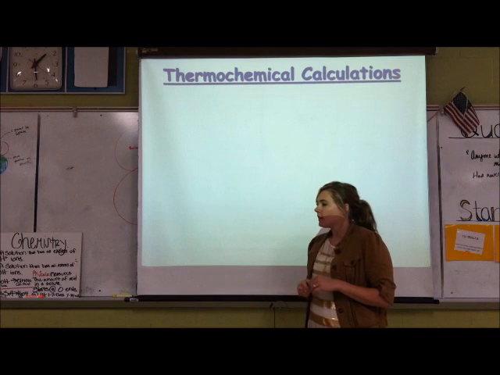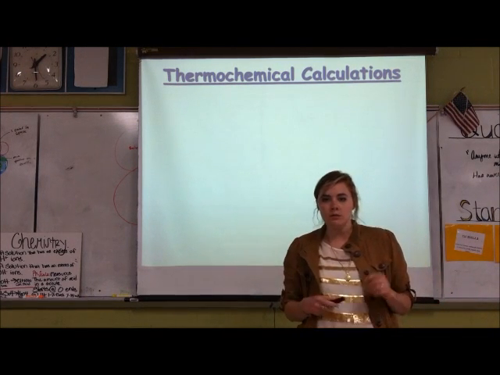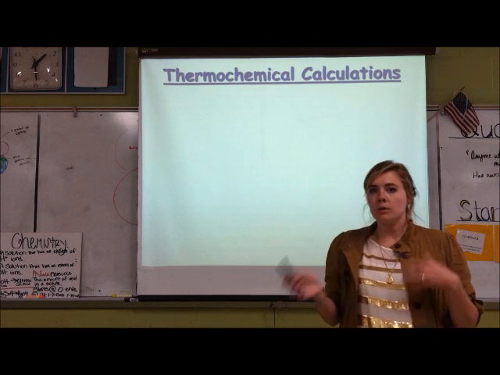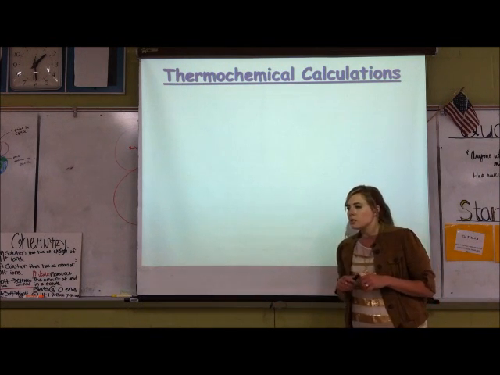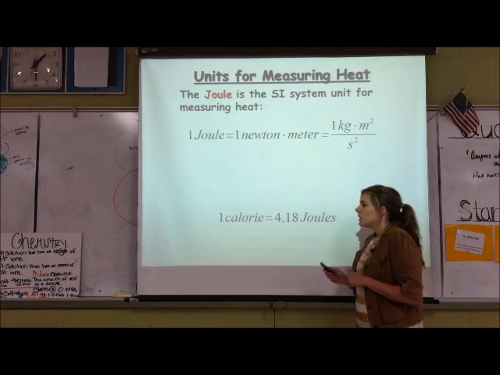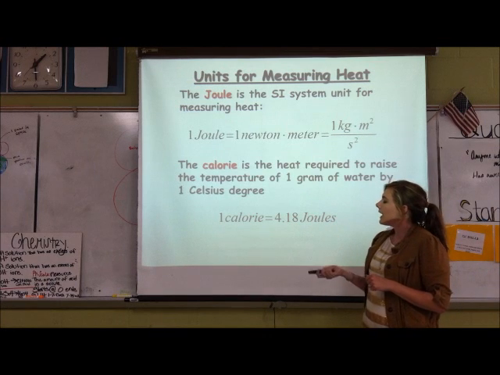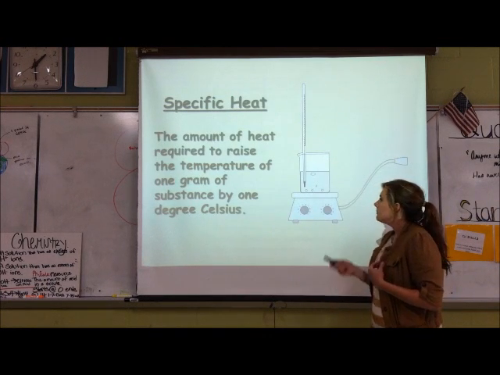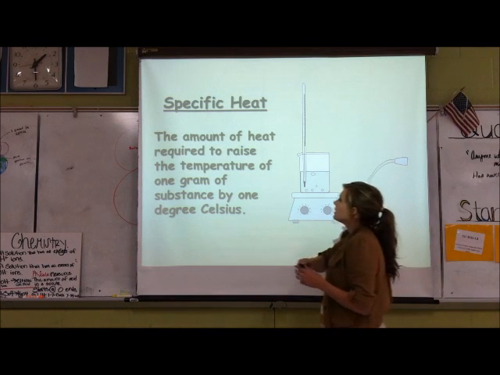Okay, thermochemical calculations. We're going to look at the one formula that we're going to use for this unit when we're calculating heat energy. We're not going to get any more complex than this one equation. We're going to try and keep it pretty simple. Again, let's review. We measure our heat in joules and calories. And we're going to talk a little bit about specific heat before I show you guys the exact equation.